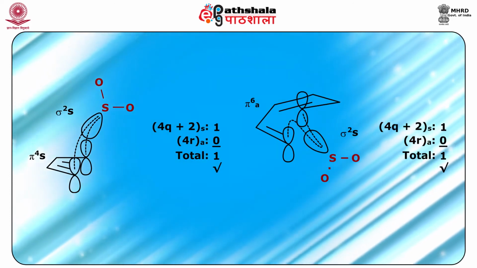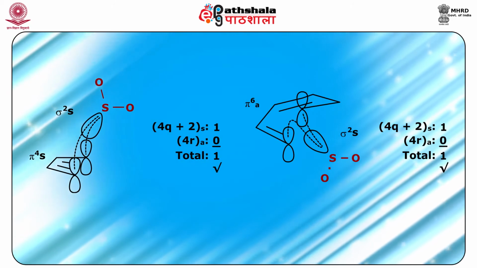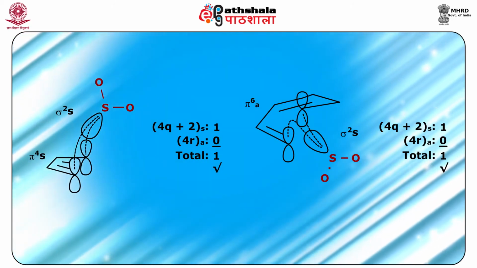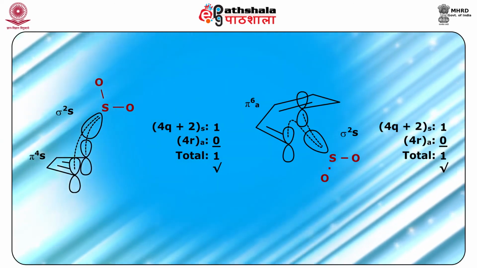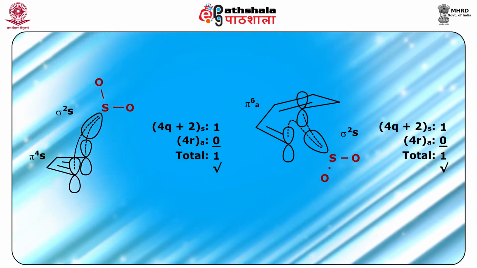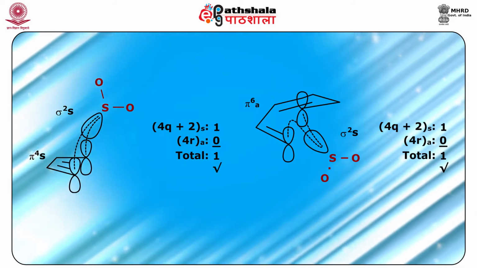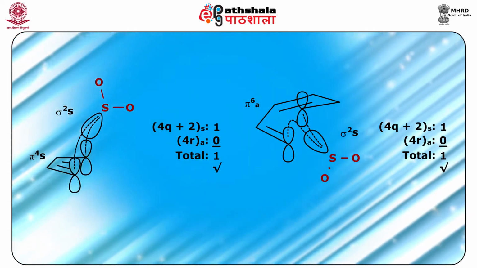Woodward-Hoffmann rules and geometry for the reverse of extrusion, that is, addition of SO2 to give diene, are summarized in the following diagram. As you can see, the first diagram shows a 4Q plus 2S is 1 and 4RA, the total being 1.